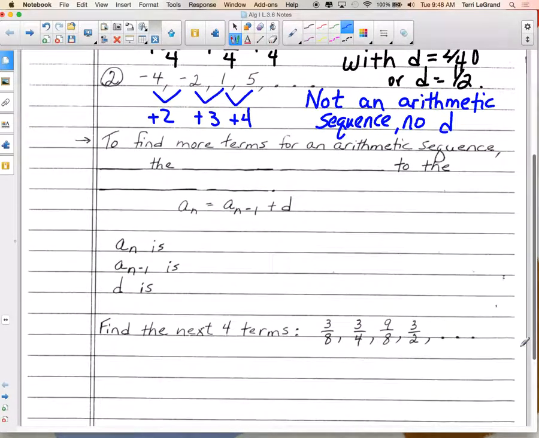Okay? So to find more terms for an arithmetic sequence, and this should be in your SQ3R somewhere, we are going to add, even if it's going down in value, we can still add. What do we add? A negative number. So we're going to add the common difference to, if we were going to keep finding more terms, what?